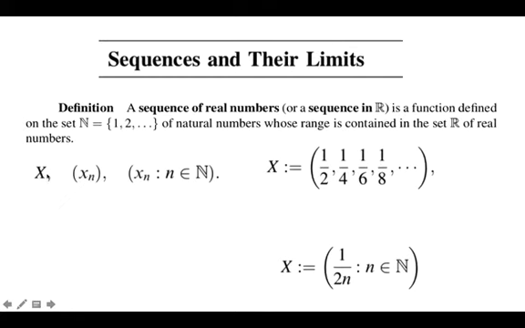A sequence can be written as (x_n), n belonging to N, and these are some examples: the sequence 1 upon 2, 1 upon 4, 1 upon 6, 1 upon 8, and so on, which is 1 upon 2n.